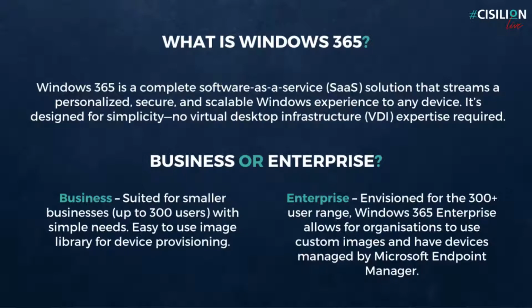As well as that, the devices can be managed through Microsoft Endpoint Manager. So if you're already utilizing that technology, you can really strongly leverage that to help manage your estate. And the focus of today is going to be around that enterprise offering that Microsoft have.